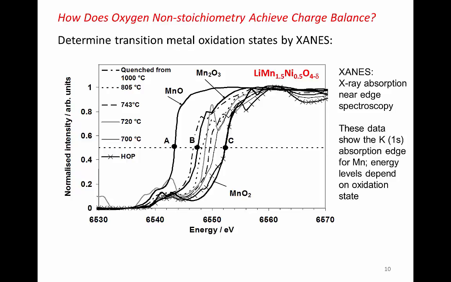And so the X-ray wavelength, which is about 1.54 angstroms from the copper K alpha X-ray beam, depends exactly on the energy difference between the 2p and the 1s levels.